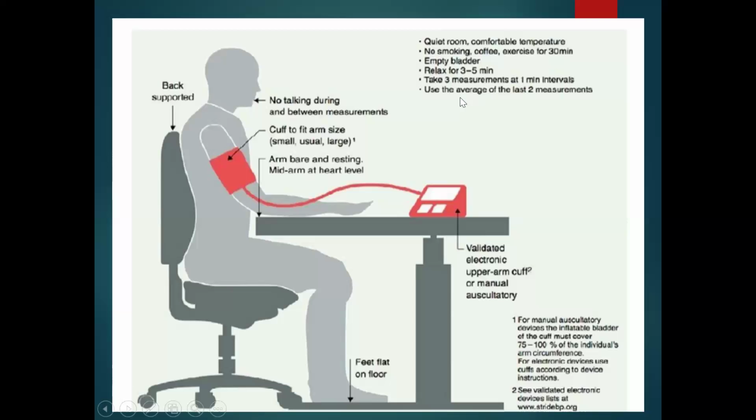You are expected to take 3 measurements at 1 minute intervals. Use the average of the last 2 measurements. So you take one measurement, after a minute you take another one, after a minute you take another one. Then you use the average of the last 2 measurements you've taken. Then the feet need to be flat on the floor.